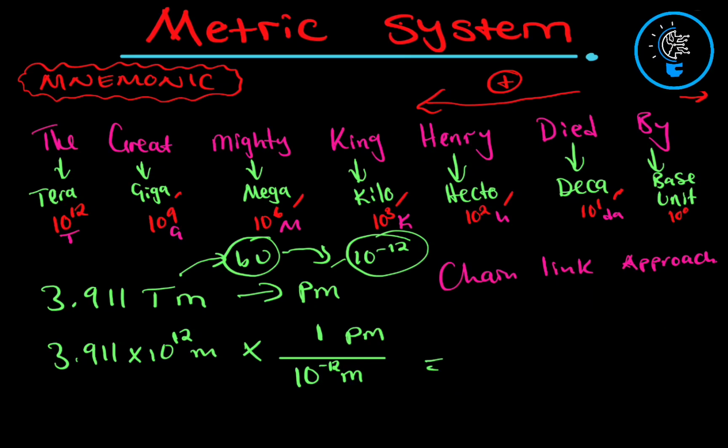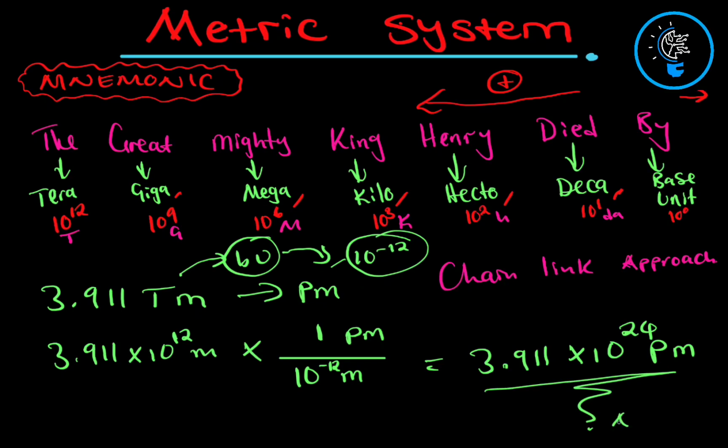Let's punch it into our calculator. So we're saying one divided by 10 to the power negative 12. This will give us 3.911 times 10 to the power 24. Wow, to the power 24 picometers, as your value.